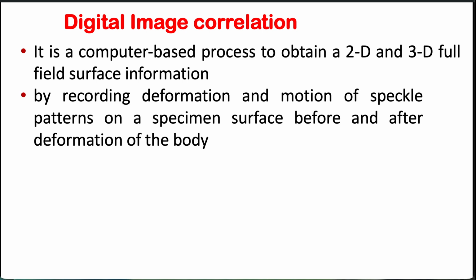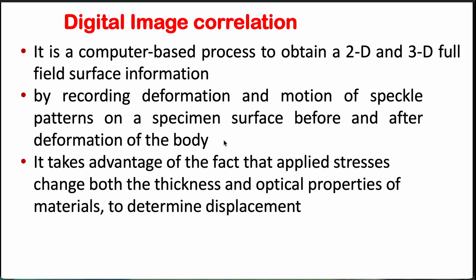And the idea behind this method is pretty simple. We essentially have to create a speckle pattern, and then we are going to track the movement of these speckles as you apply the load, right?